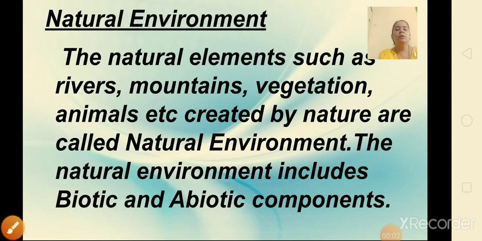Children, the natural environment comprises of land, water, air, plant and animal. Now there are two factors of natural environment: biotic and abiotic.